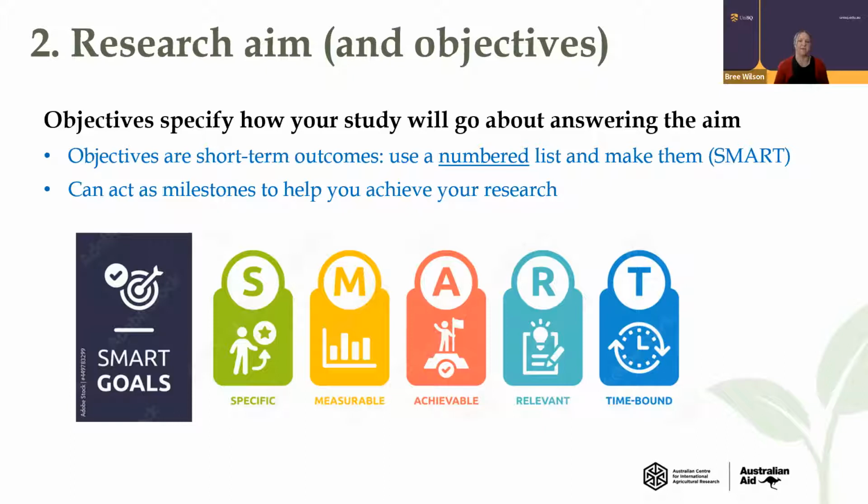In this figure below, SMART goals or objectives are specific, measurable, achievable, relevant, and time-bound. So your objectives end up being milestones that help you to achieve your research through your study. Always think about the SMART acronym to make sure that you can hope to achieve your potential objective through your project.